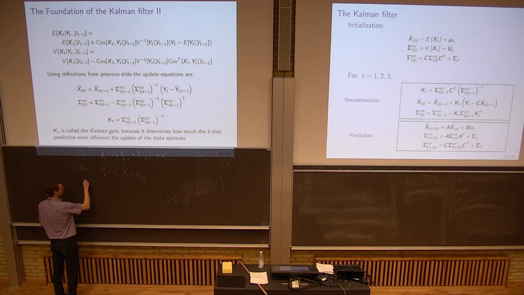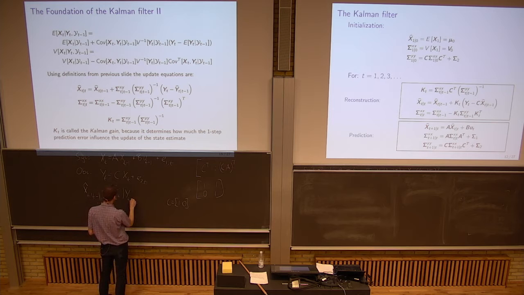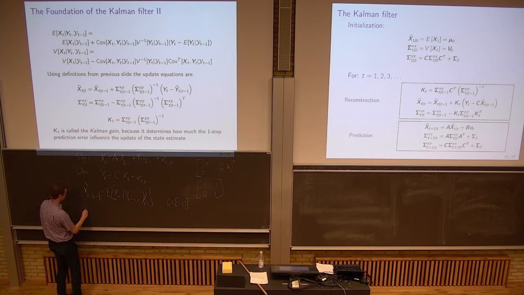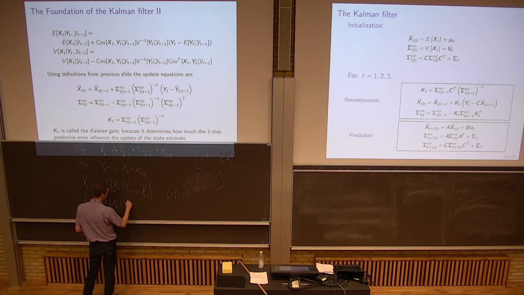So the expectation x hat t given t, I could write as minus k, where k can be 0 just to make it generic, is the expectation of x_t given y_t minus 1 and all the previous y's, and t given t, well, that's the same way, I just write y_t in there: the expectation of x_t given y_t and all the previous y's.